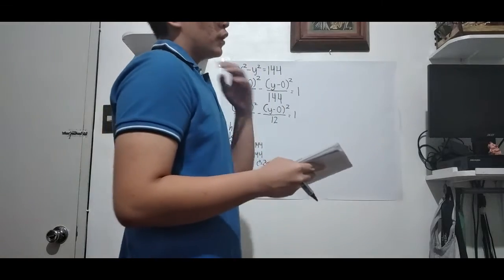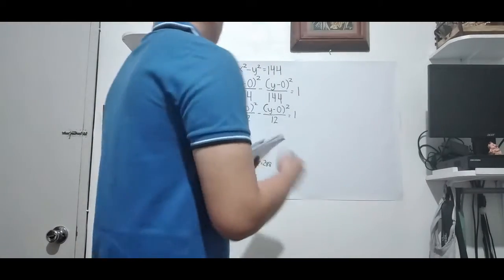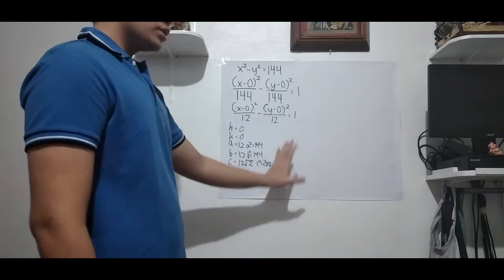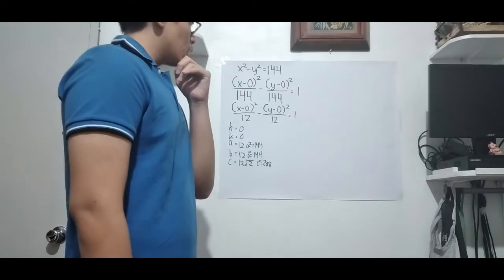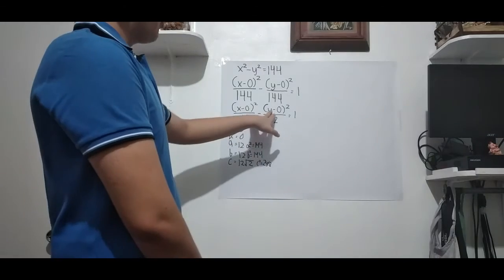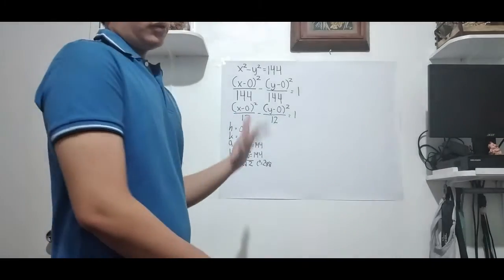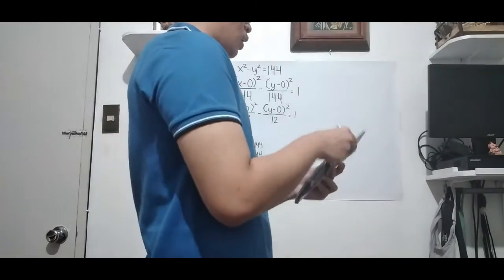So the first property is the axis. We can say that this is a horizontal hyperbola because our y is the negative one. That automatically means that our axis would be horizontal.